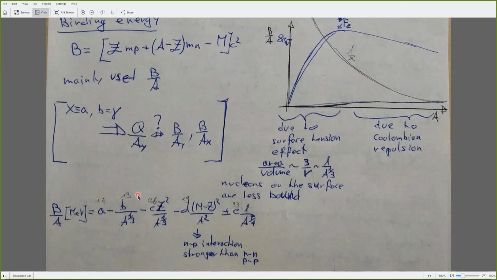The first ones are mainly on the surface of the sphere of the nucleus, so there is less bonding among them. Later, the inside is well more populated, so the effect of the surface tension decreases.